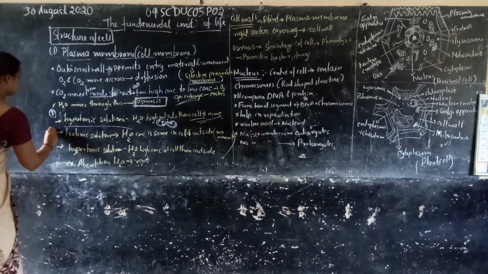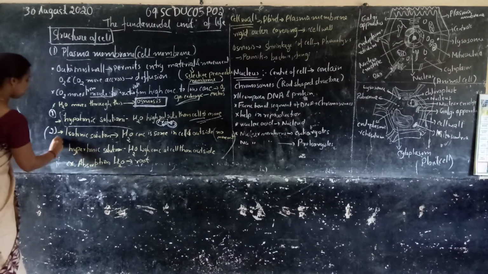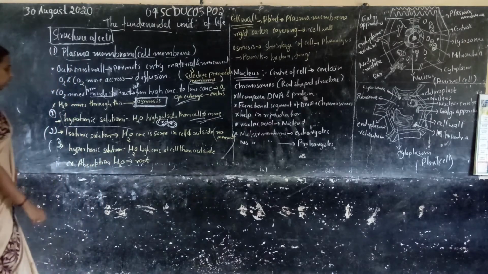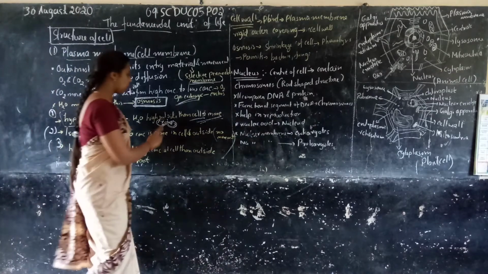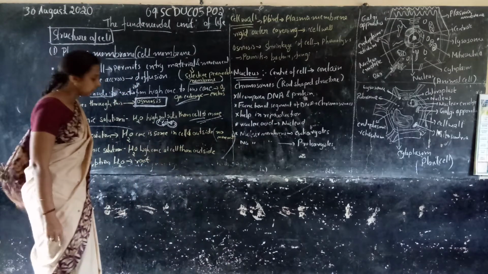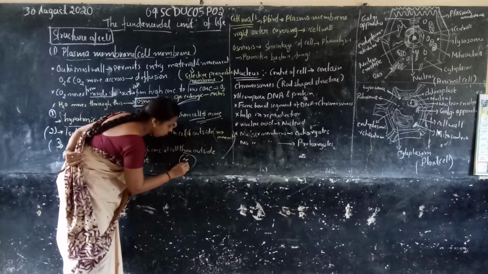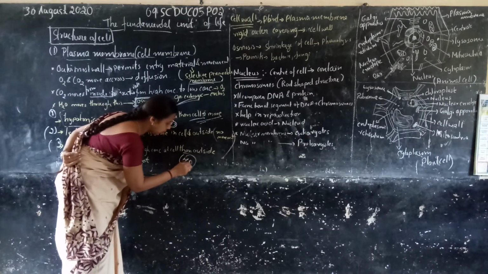Next, the last one. This is the second; what is the last one? Hypertonic solution. What is the meaning of hypertonic? It is the opposite of hypotonic. This is a cell, and the cell has a high concentration of water molecules.